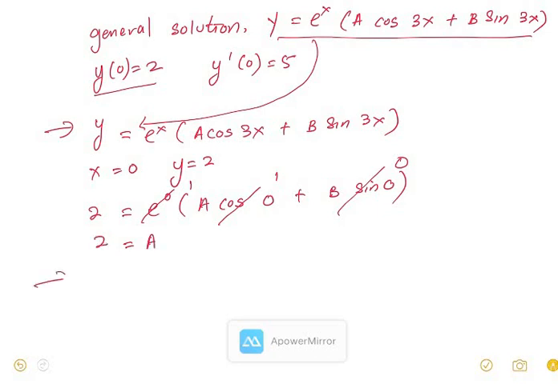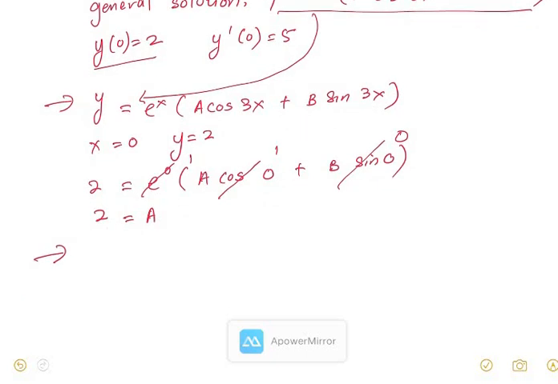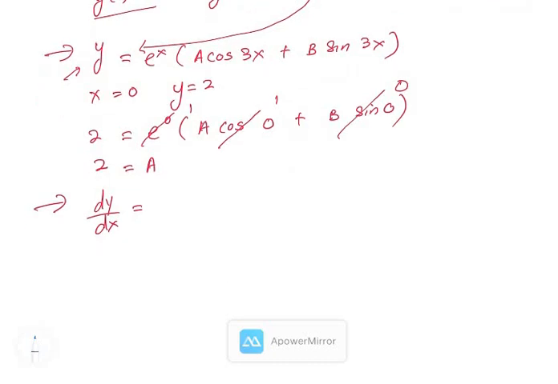Now you need to differentiate. So dy over dx, you differentiate the y here. I assume e to the power x times a is u, and v is cos 3x.